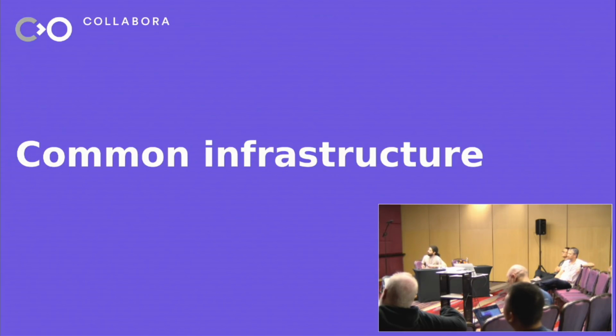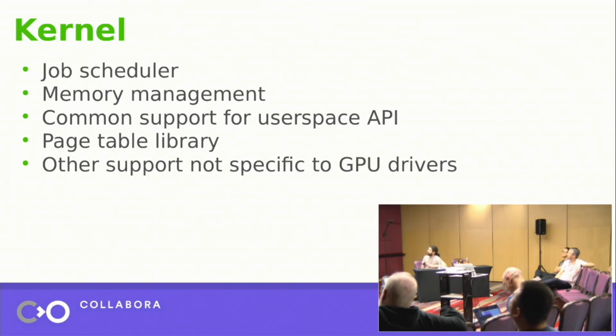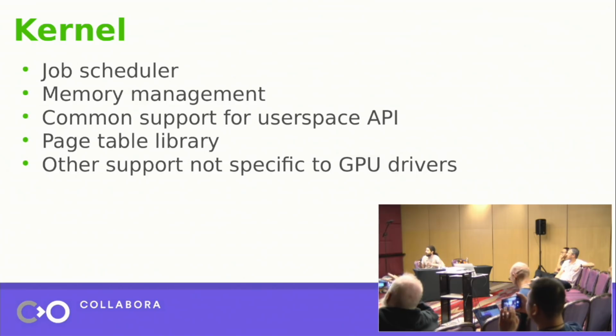Now, all of that probably wouldn't be possible if everybody was working alone. There's a lot of code which is being shared and not just code. In the kernel, for example, we have that job scheduler. There's nothing hardware specific there, and that was donated by AMD, who took that code from their own kernel driver and put it somewhere so others can use it.